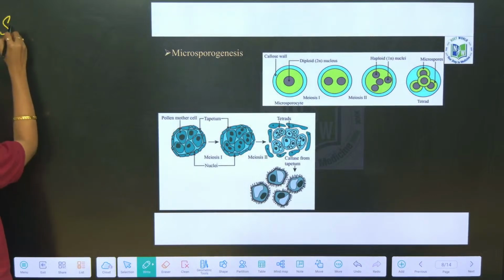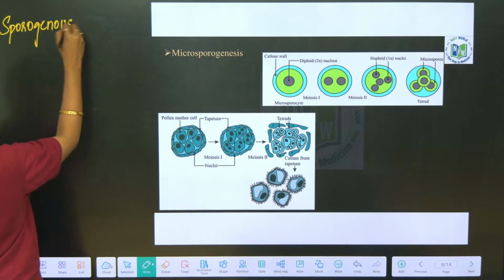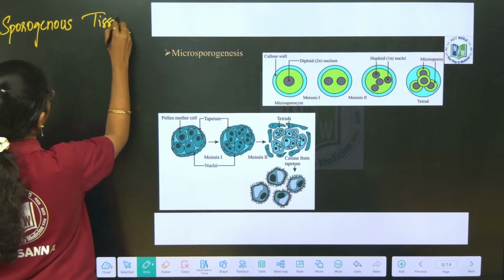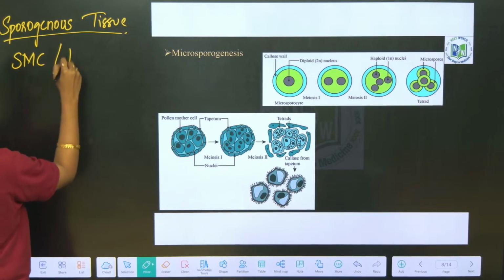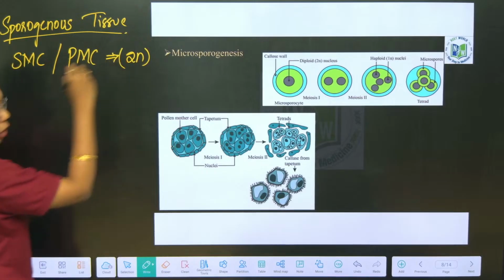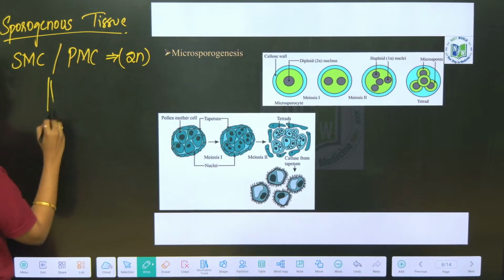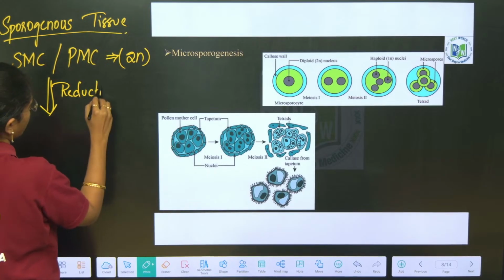So sporogenous tissue will have spore mother cells or pollen mother cells. Their ploidy is diploid. They will undergo a meiotic division or a reductional division.